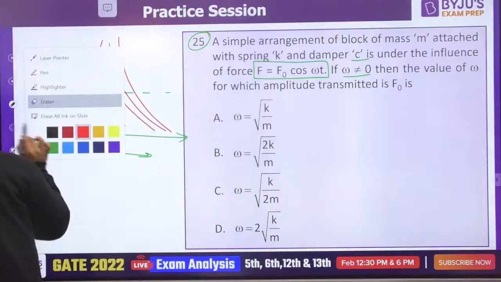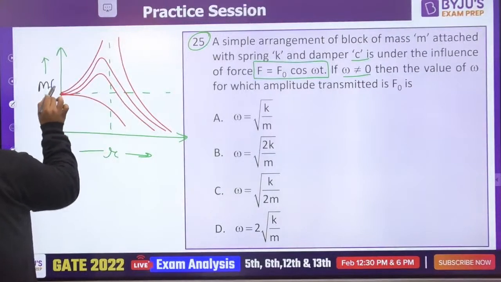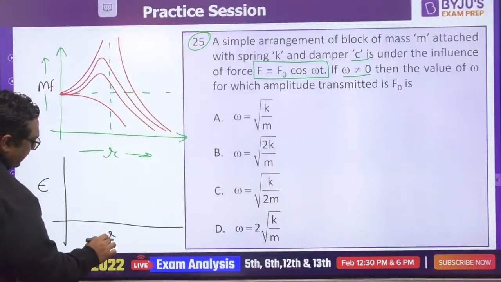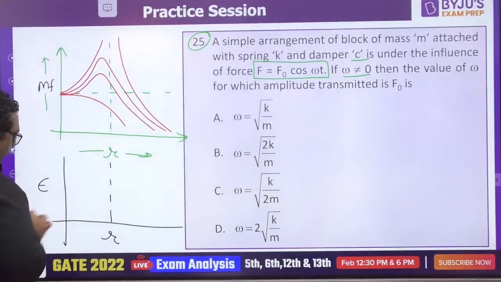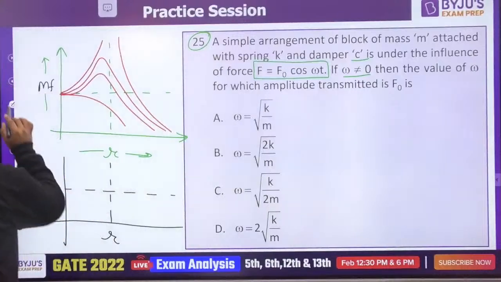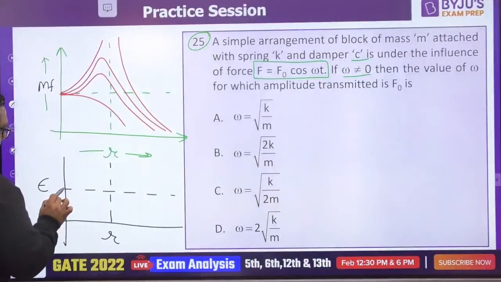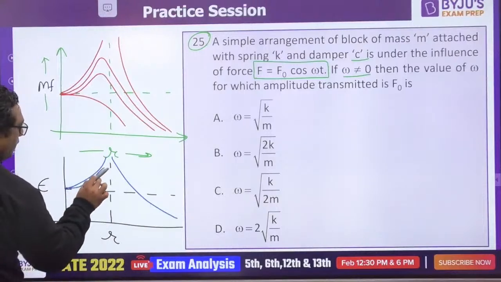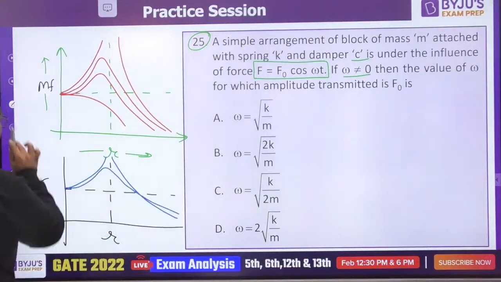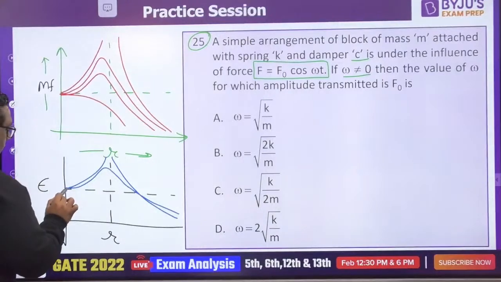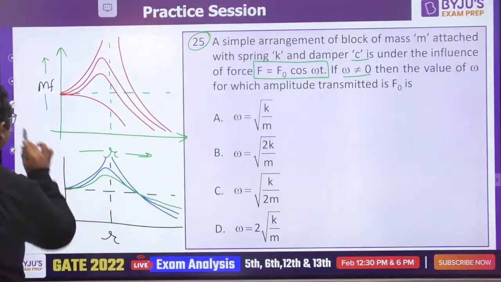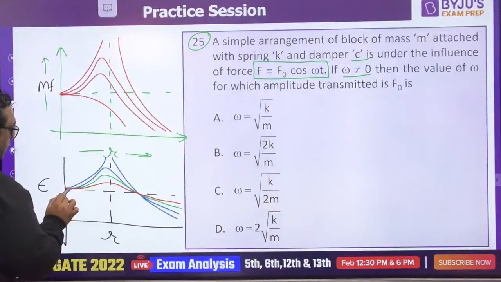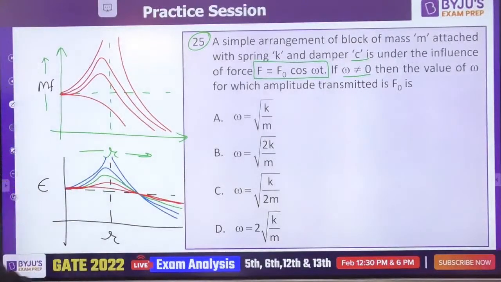This is for the magnification factor. And when we are going to plot the diagram for transmissibility ratio, you must know that the curve would be like this.